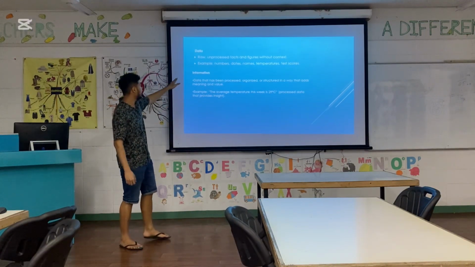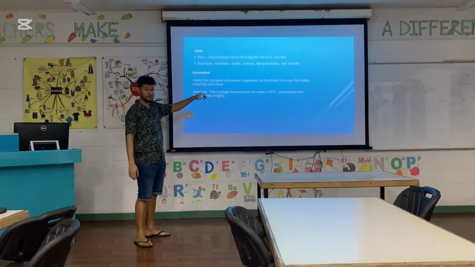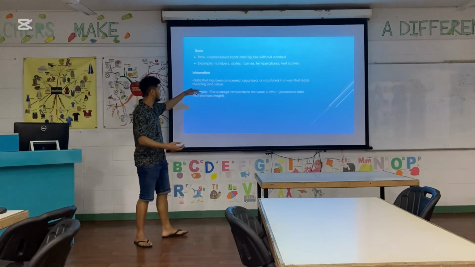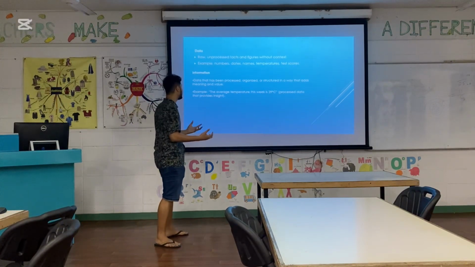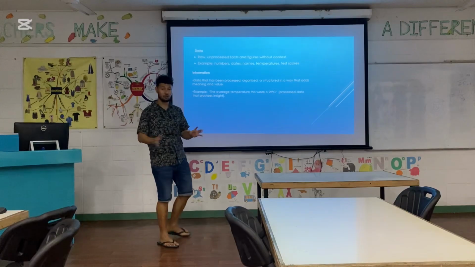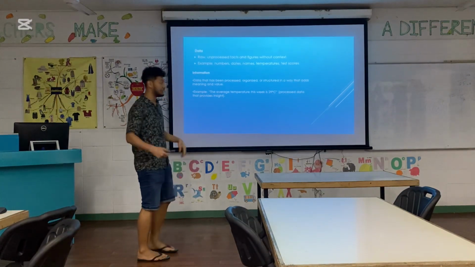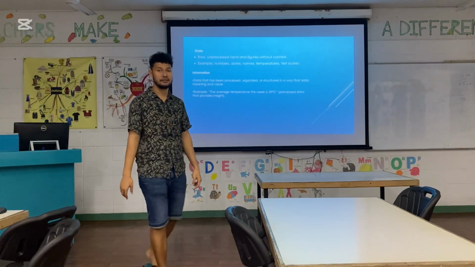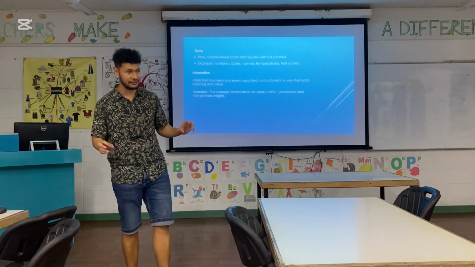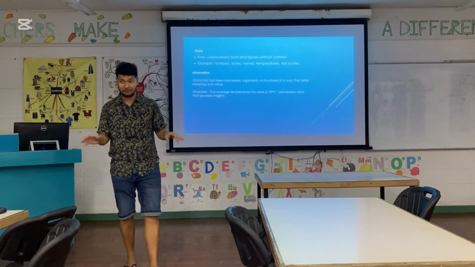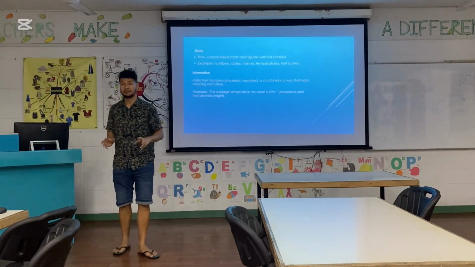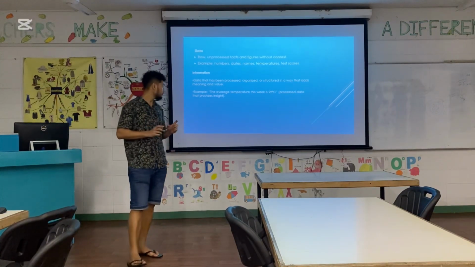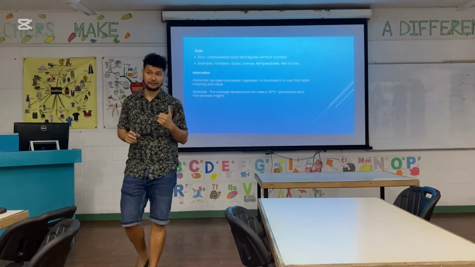Data is raw, unprocessed facts and figures without context. Examples are numbers, names, temperatures, test scores. All these raw items, if we collect them individually, are called data. So that's the difference.